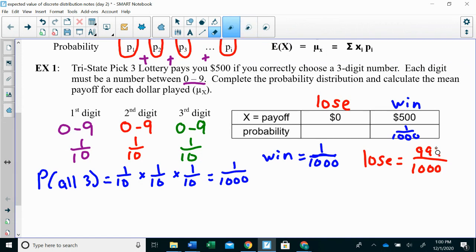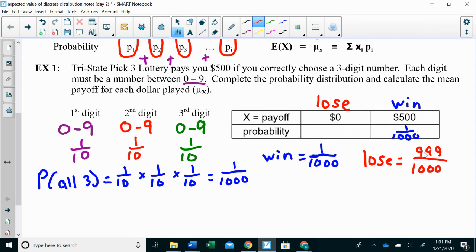I'm going to pause for a moment, let that kind of sink in. So the only way that we can win this lottery is to get all three digits exactly right in the right order. And the only way that can happen is one way out of 1,000 possible outcomes. So if only one way allows us to win, that means all the other 999 ways means that we lose.